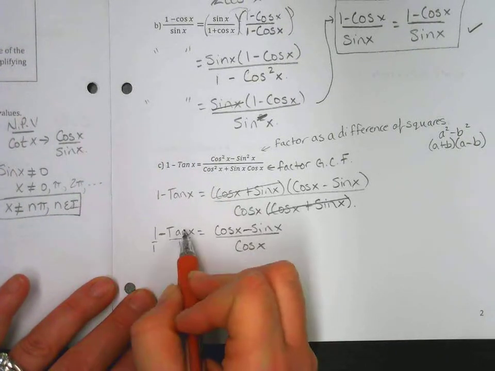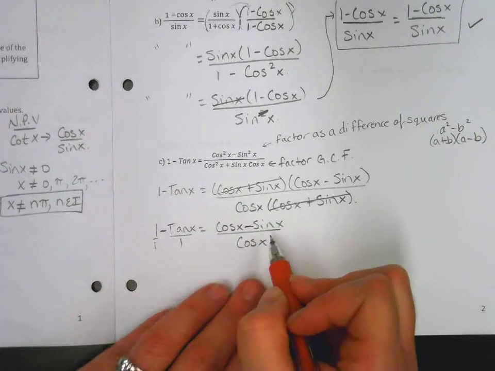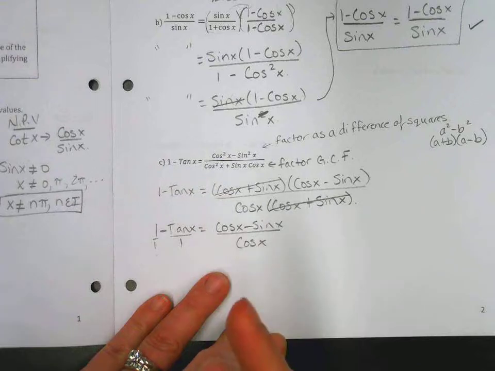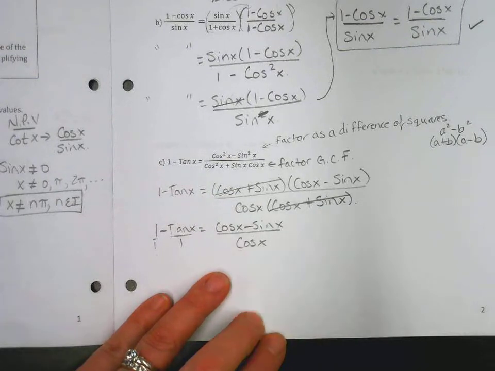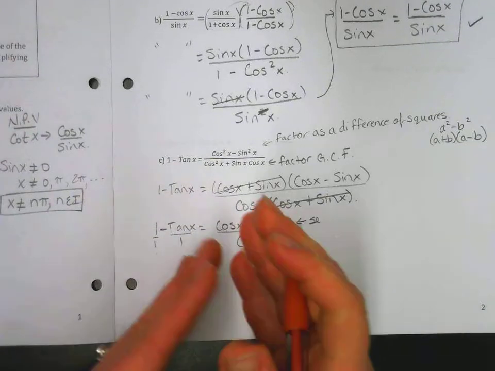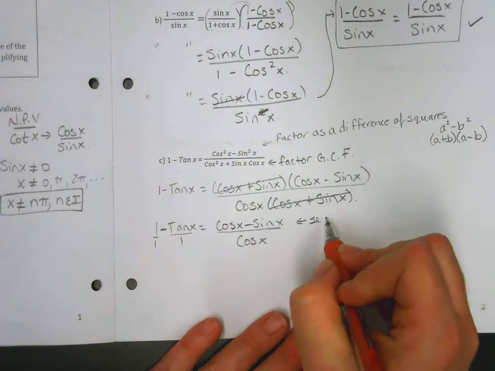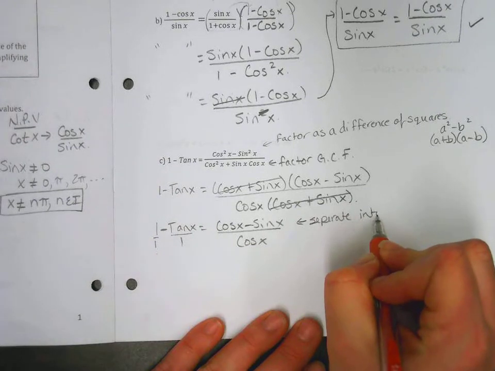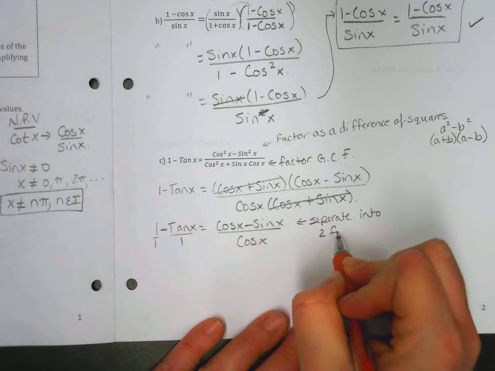I have this fraction minus this fraction. On the right side, this is all clumped together as one fraction. So what I want to do is separate this into two fractions. I want these expressions to look the same.